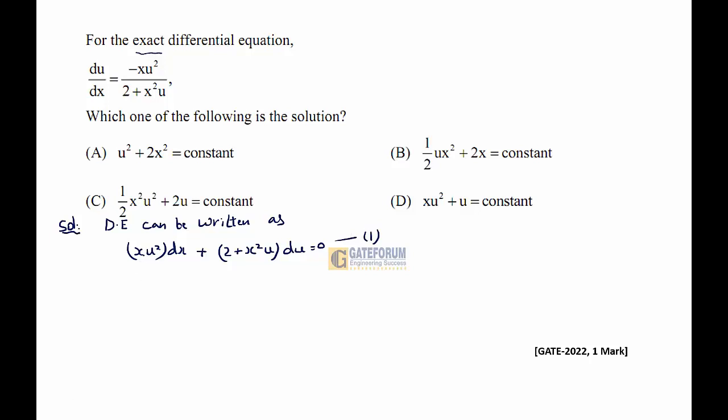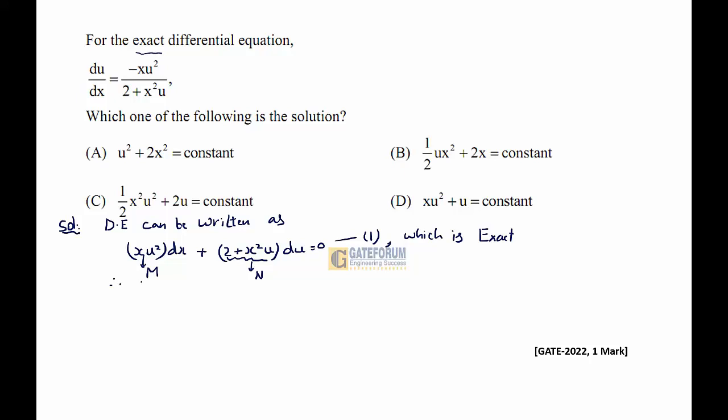So usually this is denoted by M and this is denoted by N. The standard form of an exact equation is M into dx plus N into dy equal to 0, which is exact.